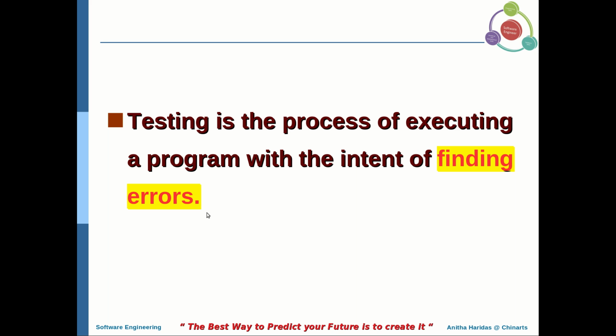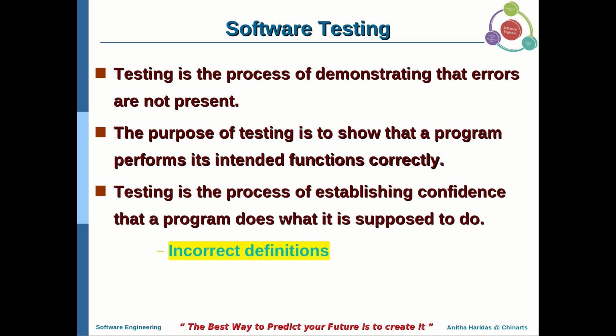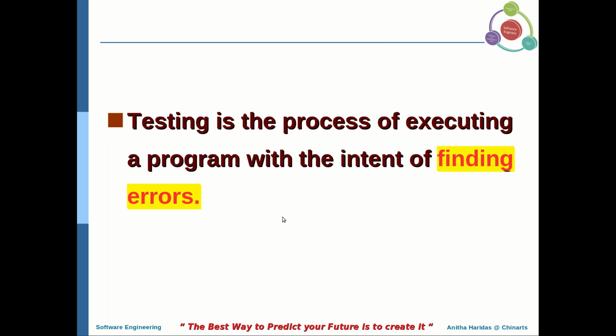Instead, you do the testing process to find out the errors, the bugs, the faults that are available in your program. That is why you are doing software testing. So these are incorrect definitions, whereas testing is the process of executing a program with the intent of finding errors in your program or code.